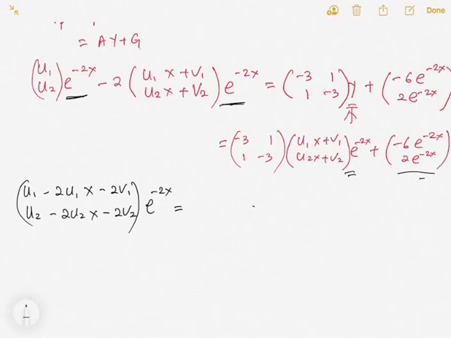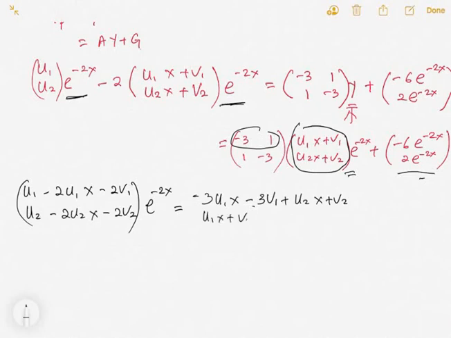Okay, can you solve this one first? This one we multiply in first, so negative 3, this one you multiply with this. Okay, negative 3u1x minus 3v1 plus u2x plus v2, and then the second row is u1x plus v1 minus 3u2x minus 3v2.